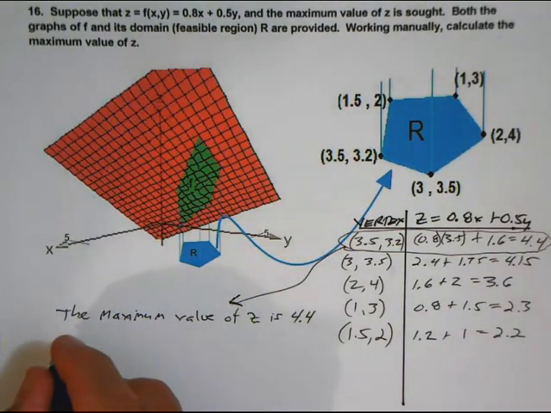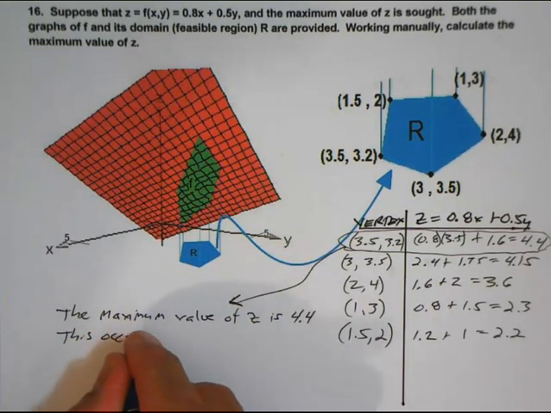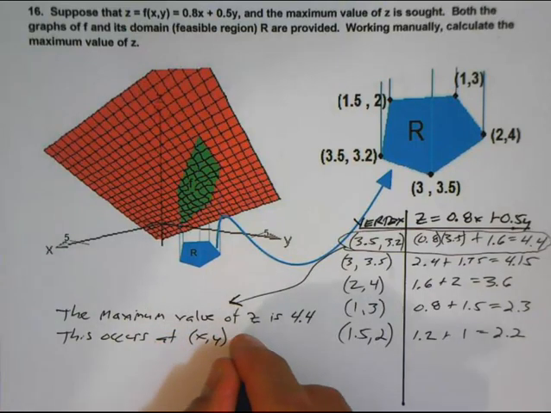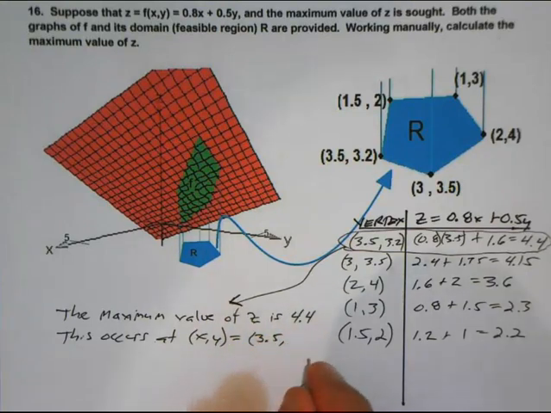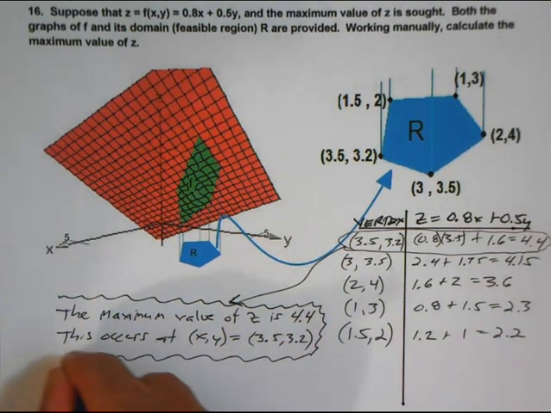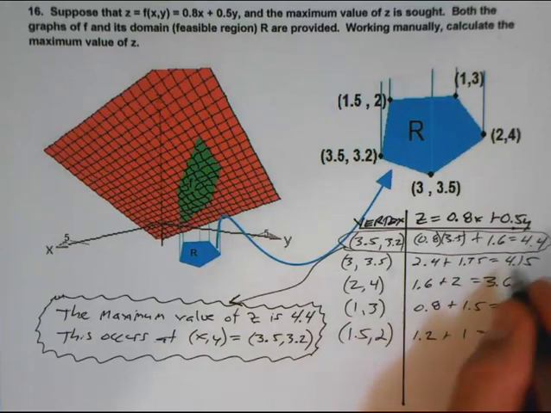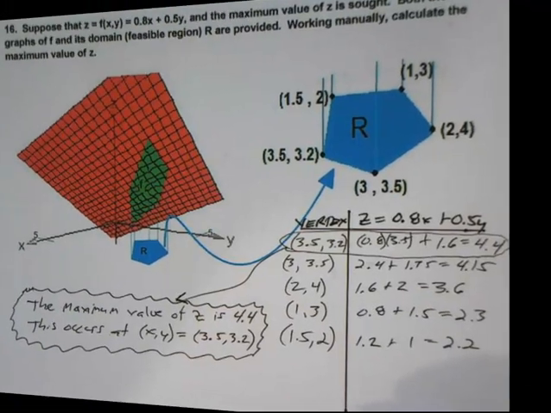I like to add in another detail. This occurs at x, y equaling 3.5, 3.2. The big conclusion. The only way to really check anything here is to redo the arithmetic one more time, make sure these numbers are okay. Otherwise, this looks like it.